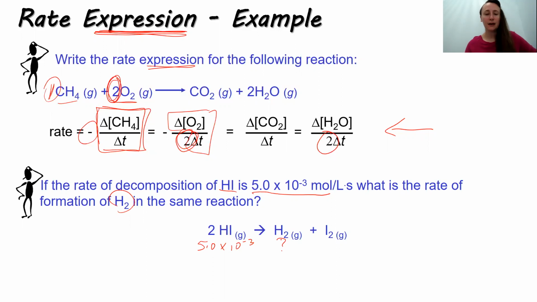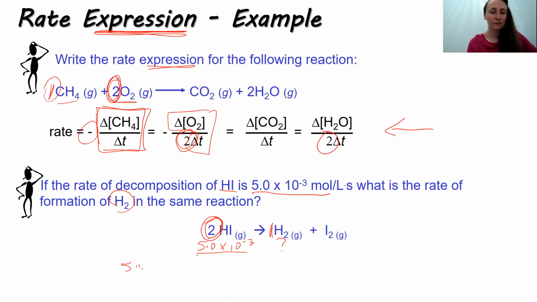Well, just thinking about it, we see that stoichiometrically, the HI should be twice as fast as the H2. So to find the H2, I know it's going to be half of this concentration, or 2.5 times 10 to the negative 3. Or I can write it out stoichiometrically.